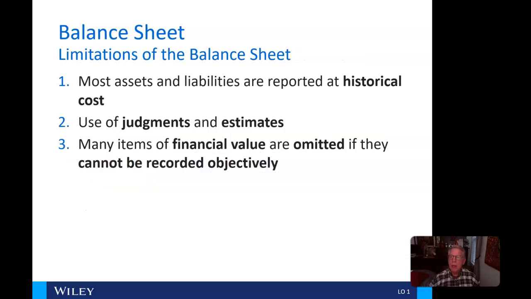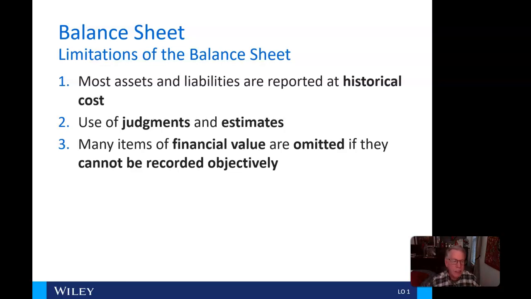So, we'll move on. Most assets and liabilities are reported at historical cost. So, of course, our balance sheet is not going to be reflecting the fair value of those assets and liabilities. Also, some of those assets and liabilities require using judgment and estimates.